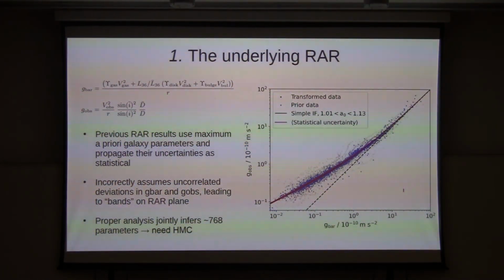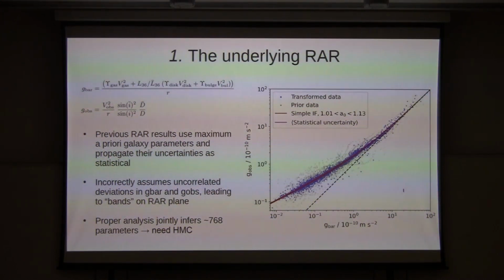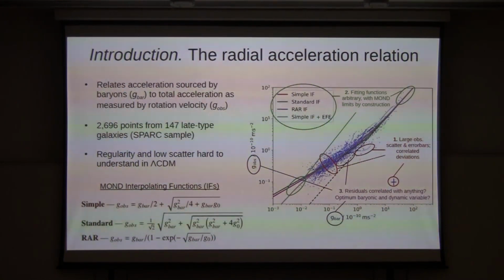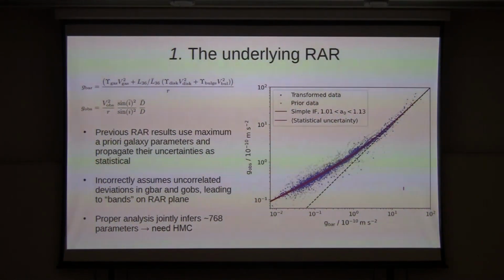That's shown in the blue points here, and I've overplotted them on the original prior RAR, which is shown in grey. You can see that the residual, the correlated deviations from the RAR, go away when you do this. And all that's left of the statistical uncertainty is the point-by-point uncertainty on VOBs.